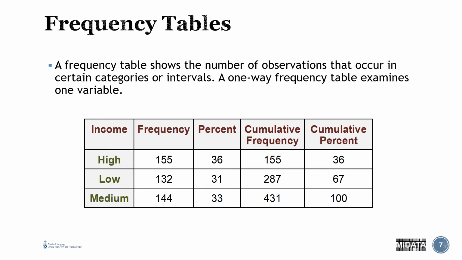A one-way frequency table examines one variable at a time, and in this table we have our categorical variable, which is income, and it's made up of 3 levels: high, low, and medium. These are your attributes or descriptors. So you have frequency, percentage, cumulative frequency, and cumulative percentage.